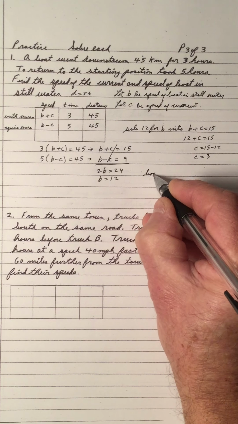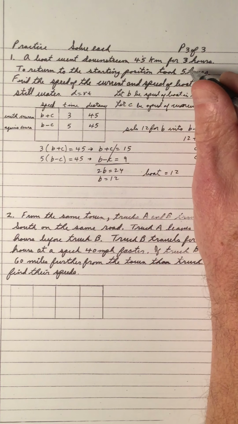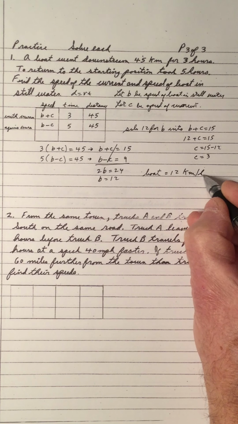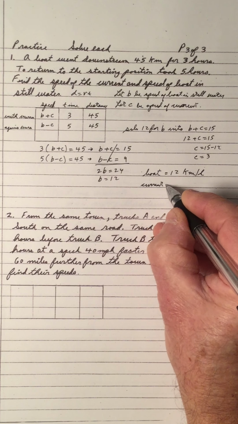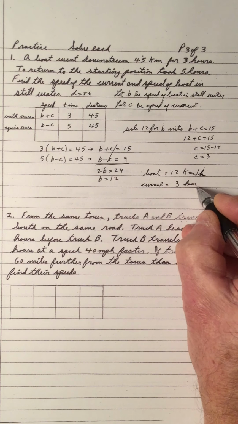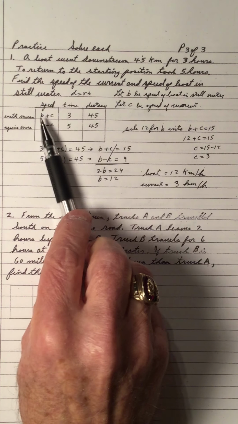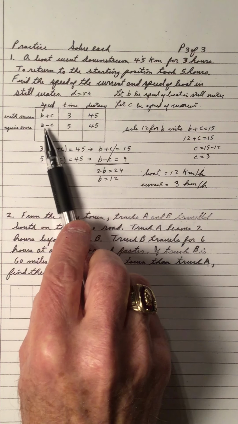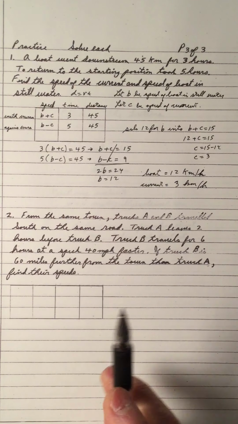So the boat has a speed of 12 kilometers per hour, and the current is 3 kilometers per hour. And if you check it back, 12 plus 3 is 15, times 3 is 45. 15 subtract 3 is 9. 5 nines are 45, so it checks out.